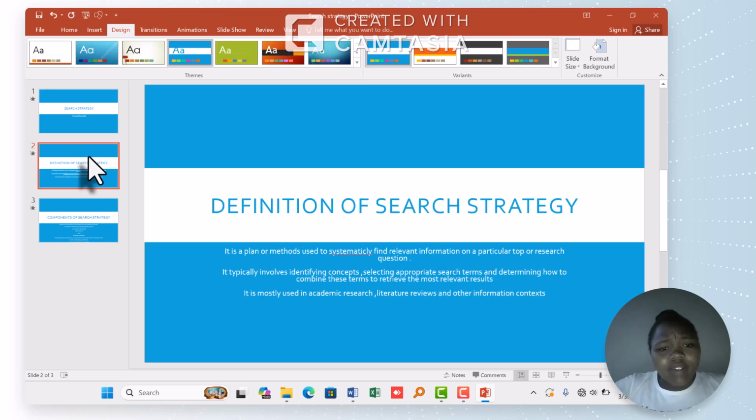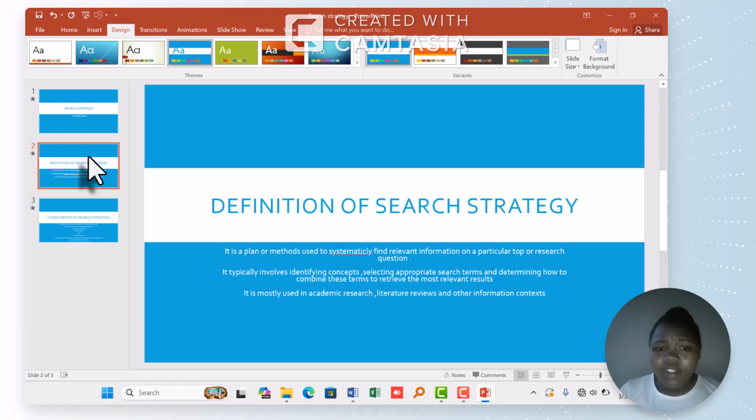So straight away, we are going to start with the definition of the search strategy. It is a plan or a method used to systematically find relevant information on a particular topic or a research question. If you're given a question or a research work to do, a research strategy helps clearly to understand or to find the relevant information we are supposed to present.